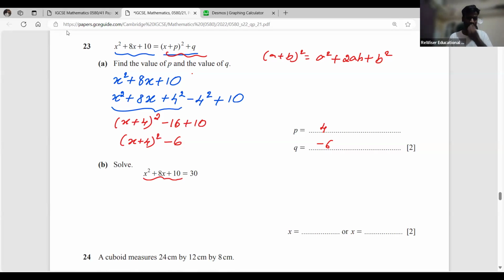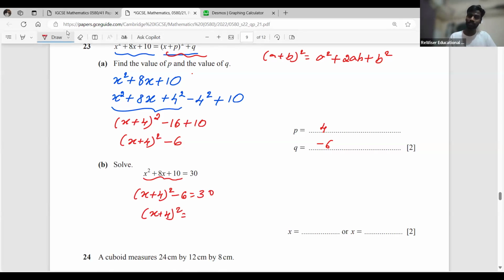So x squared plus 8x plus 10 can be written as x plus 4 whole squared minus 6 equals 30. And when minus 6 goes to the other side, x plus 4 whole squared is equal to 30 plus 6, which is 36. And now I'm going to take the square to the other side.